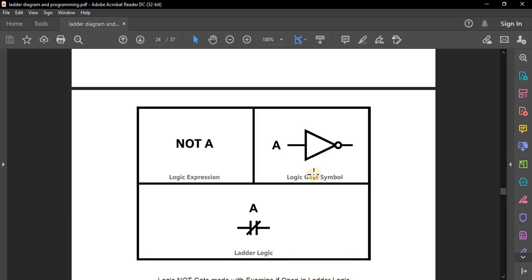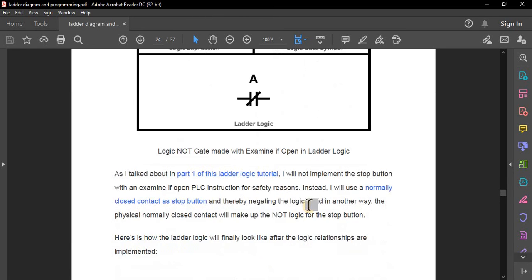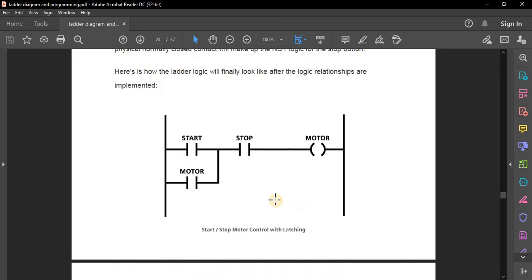NOT logic, or negation, can be implemented with a negated contact, either in the ladder logic or as a negated physical contact. These are also known as examine if open or normally closed instructions.